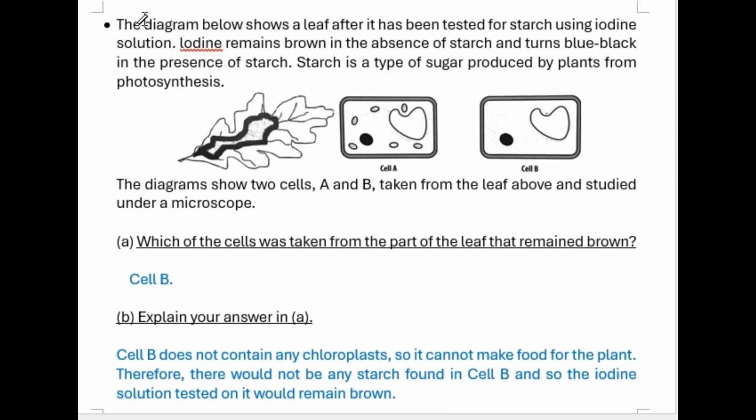The diagram below shows a leaf after it has been tested for starch using iodine solution. Iodine remains brown in the absence of starch and turns blue-black in the presence of starch. Starch is a type of sugar produced by plants from photosynthesis.